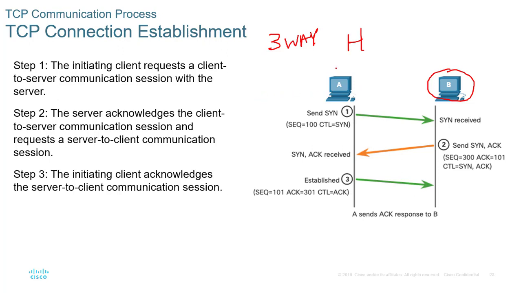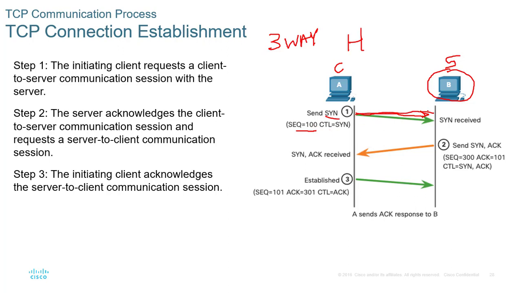So here's our client making a connection to the server, and it starts by sending a synchronization packet. This synchronization packet goes from the client. It establishes a starting sequence number, sometimes referred to as a relative sequence number. This is saying, hey, I'm starting with byte 100.